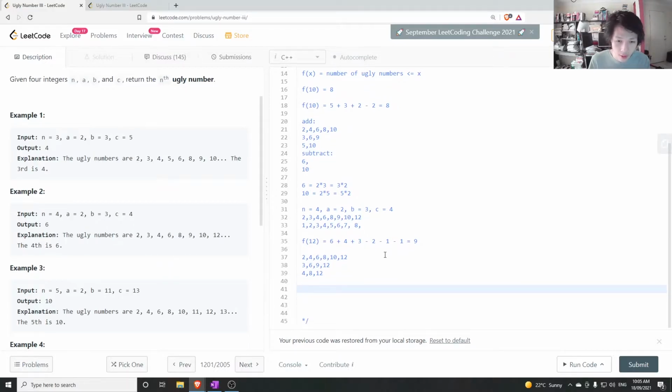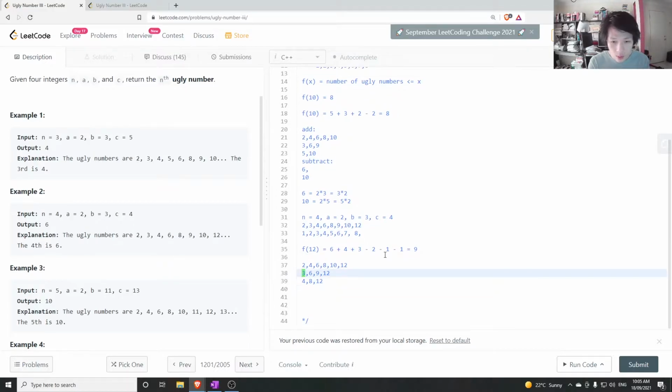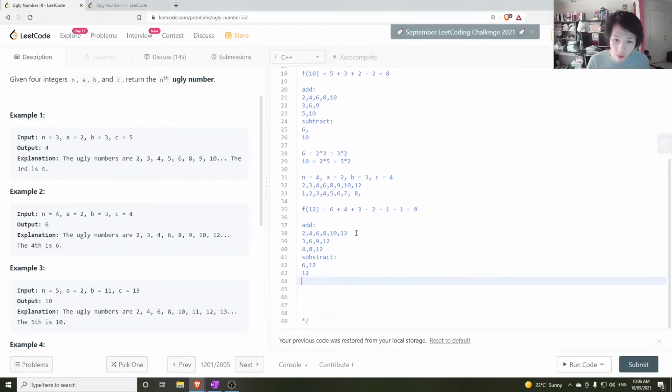Okay, so let's see. We wanted to add these, and we want to subtract multiples of. So we have multiples of 6: 6, 12. Multiples of 3 times 4 is 12, so that's one of those. And we have multiples of 2 and 4, which is 8.